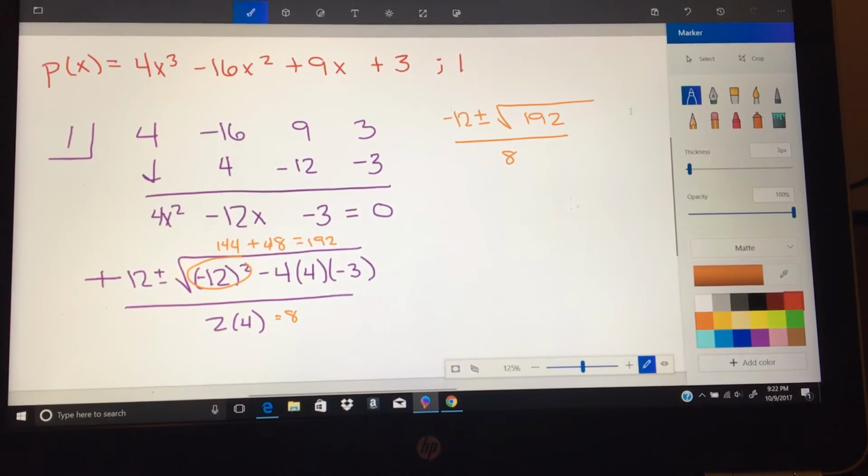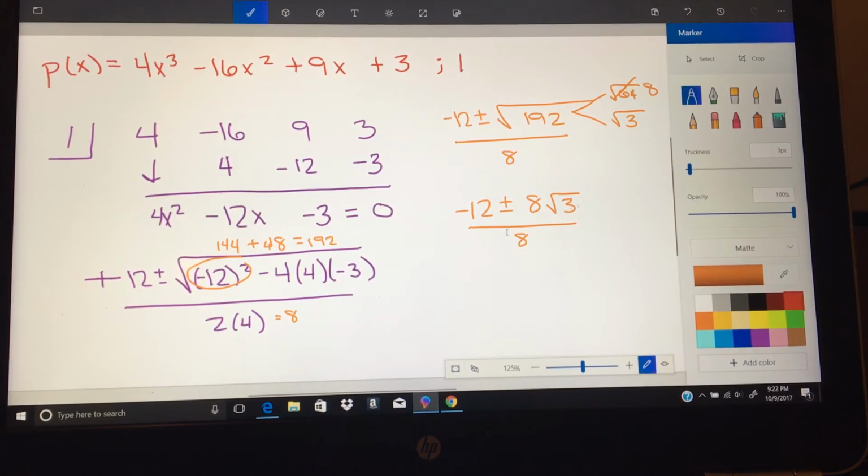Okay, so 192, we have 64 and 3. And the square root of 64 is 8. So this is going to come down as negative 12 plus or minus 8 radical 3 over 8.